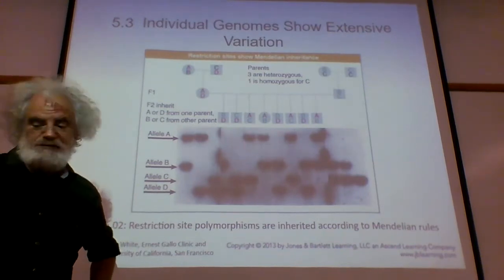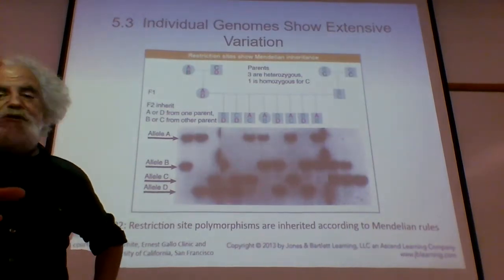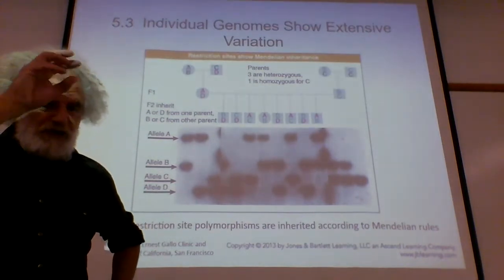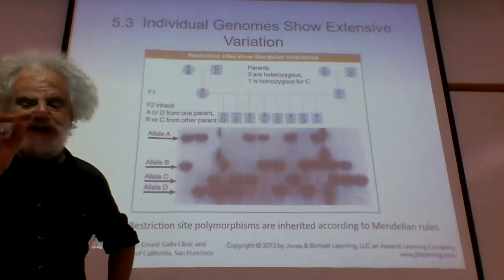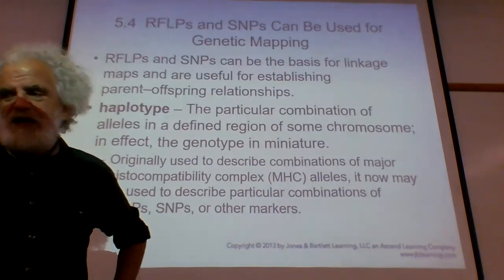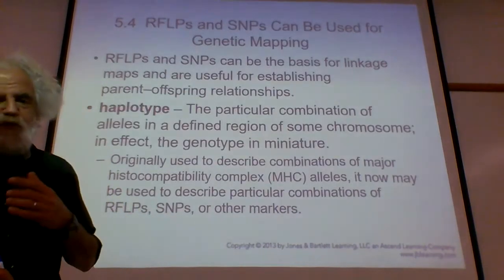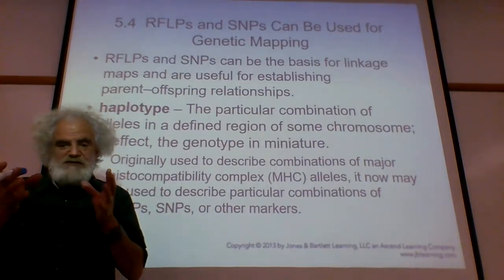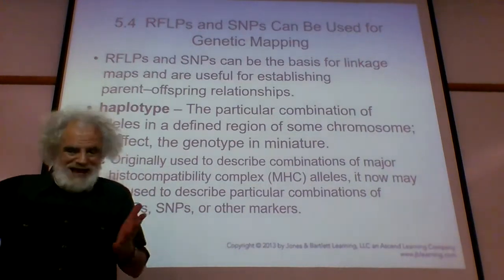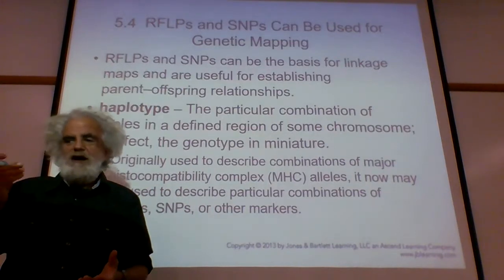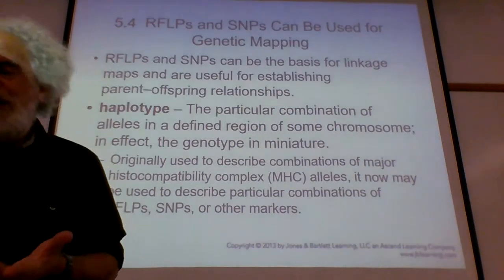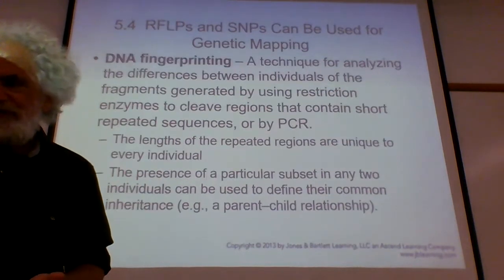And then you can begin tracking the mutation. Rather than tracking the gene, you're tracking a SNP that is very tightly linked. So we can use RFLPs and SNPs to begin developing very basic and rather primitive linkage maps. This is a way to begin looking at the genome.